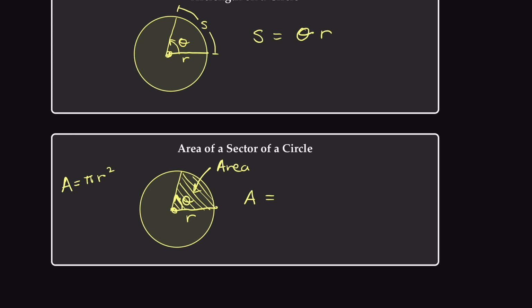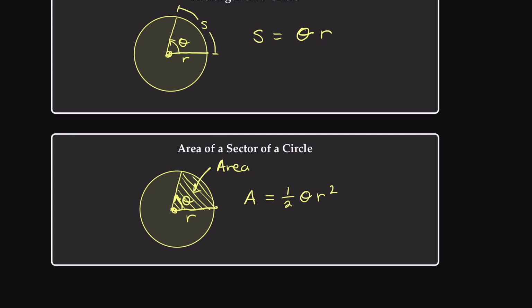So if our angle is 2 pi, then we're going to have pi times the radius squared. Now, pi is 1/2 of that angle 2 pi. And so in general, what we're going to do is take 1/2 of our angle, theta, and multiply that by the radius squared. And now we'll get a formula for the area of the sector or the pie slice of that circle.